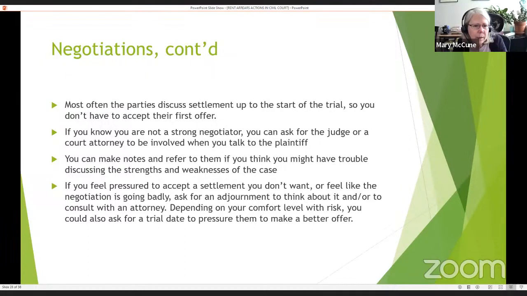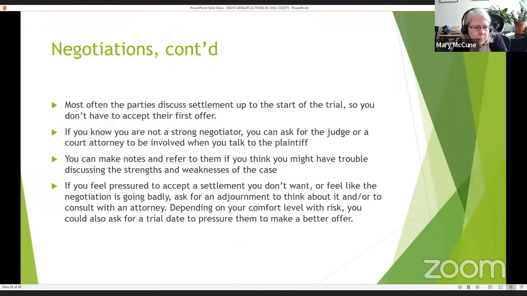You can say, I need a break, or I need to think about this, and take some time before you start again. And again, if you feel pressured to accept a settlement you don't want, or feel like the negotiation is not going well, you can absolutely ask for an adjournment and say you need time to think about it, or to consult with an attorney.